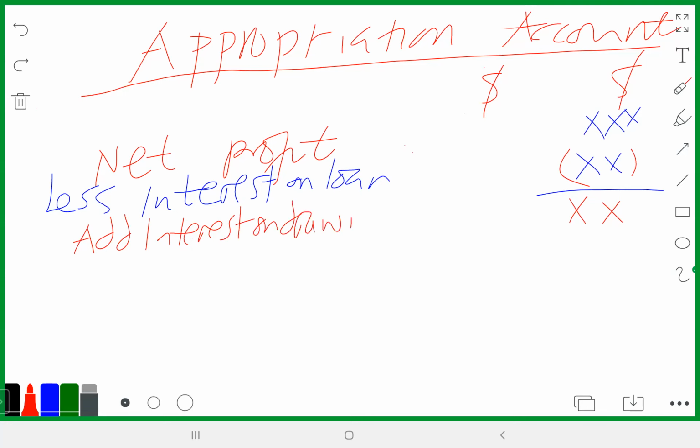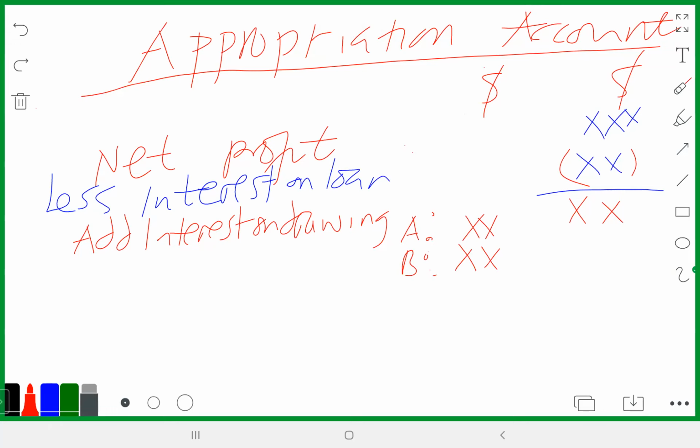For the two partners that we have, let's say we have partner A, you add here the interest for partner A. Partner B, you will also add the interest on drawings for both partners. If there are 3, you keep on adding the name and then you add the interest in the second column.